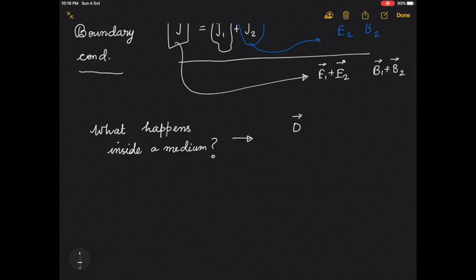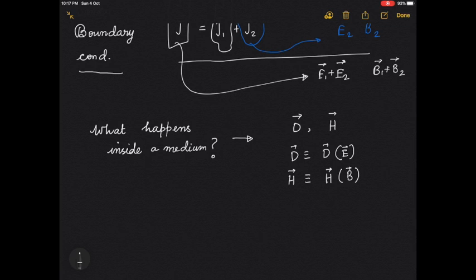I'm not going to write them here, but you write them in terms of D and H. And then you also have to write D in terms of E and H in terms of B. So once I give all of these to you, you will be able to solve the Maxwell's equations.